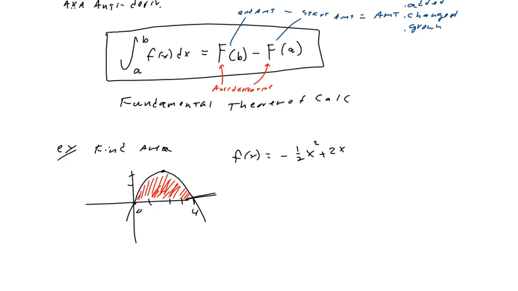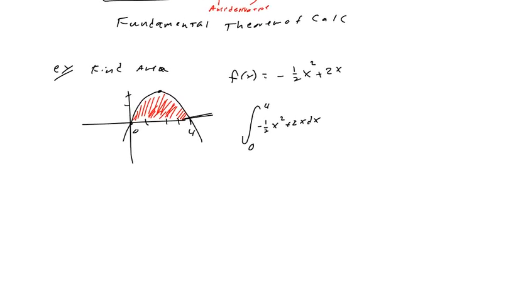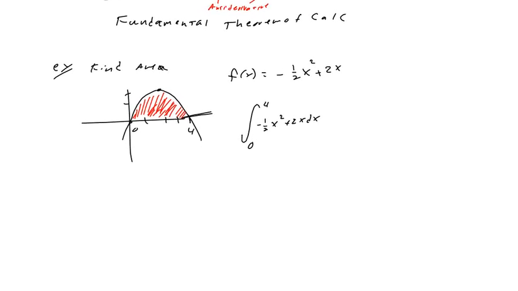So if I take the integral starting at 0 over to 4, that's how much I'm changing, of my equation, negative 1/2 x squared plus 2x dx, and I do that integral, I'm going to get the antiderivative of this equation.